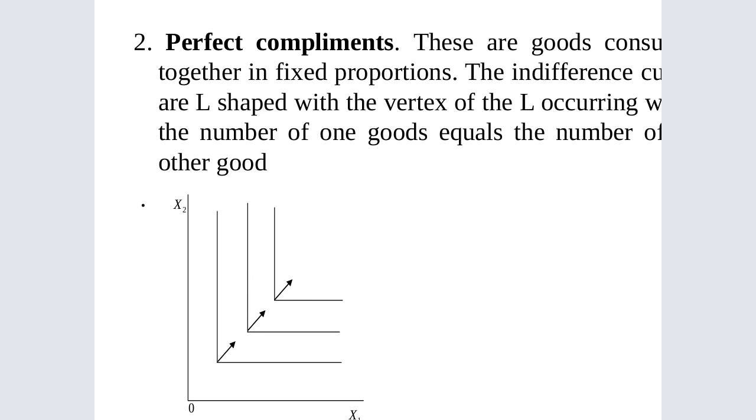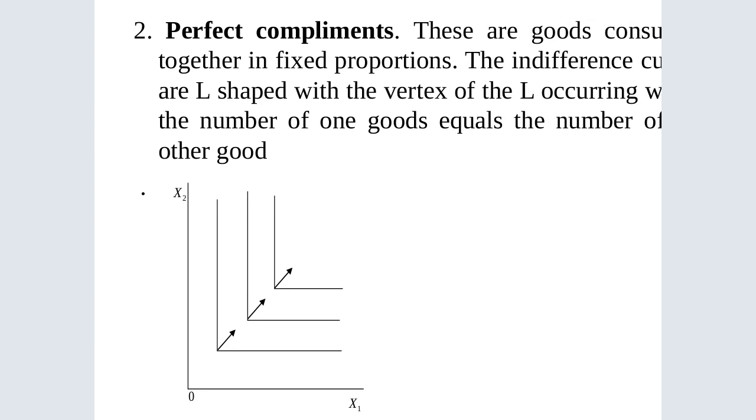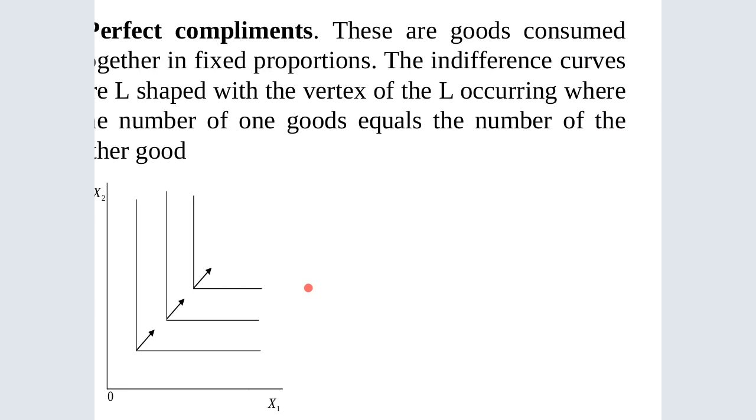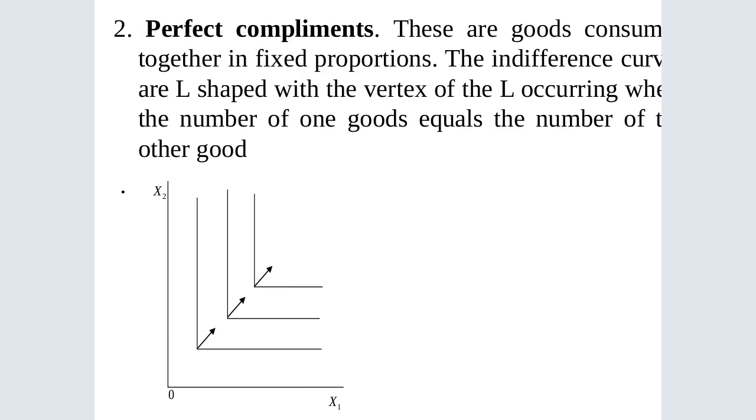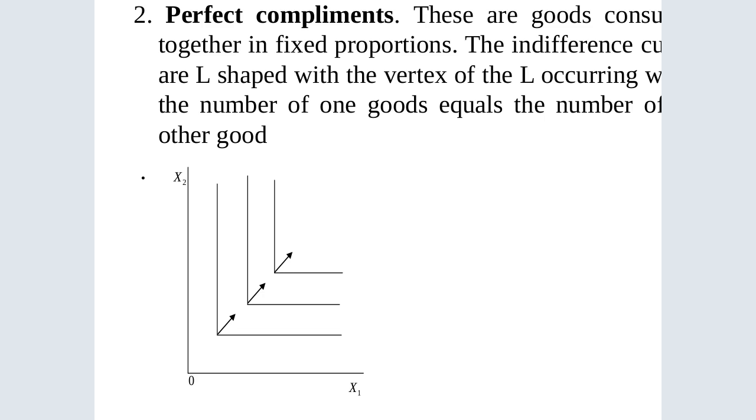Oh, okay. Now I said the second is perfect complements, and complements are those goods that are consumed together in fixed proportions, and the indifference curves for such goods are simply L-shaped. The vertex of the L occurs where the number of one good equals the number of the other good.